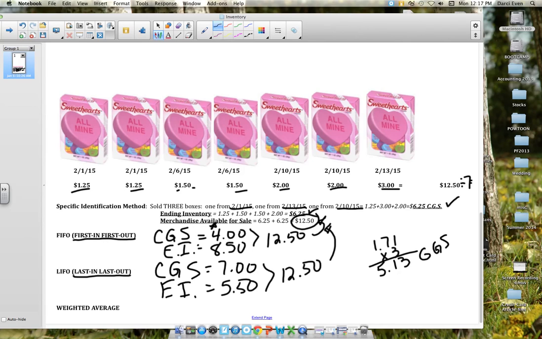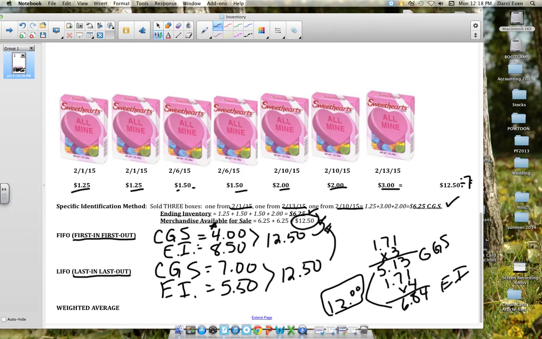whoops, I goofed that up. Cost of goods sold is $5.13. Now we have 4 left, so that will be our ending inventory. So $1.71 times 4 would be $6.84. And if we add those two together, they add up to $12.